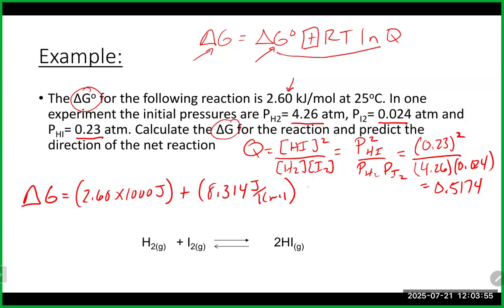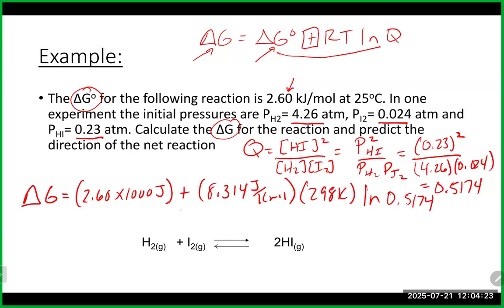Somewhere I should have said 25 degrees, so we'll go with 298 on the temperature there. And our natural log here, what we just calculated, 0.5174. All right, so we'll clean up the right-hand side here, the plus, so natural log that times 298 times 8.314.